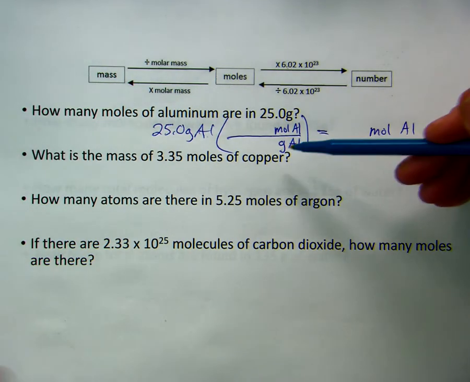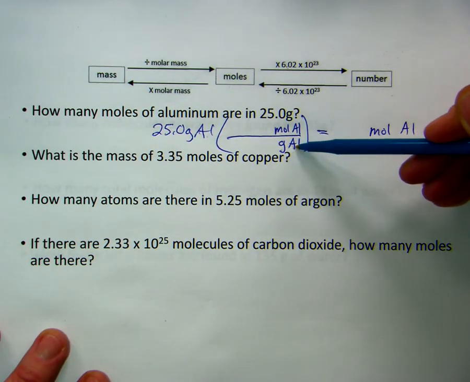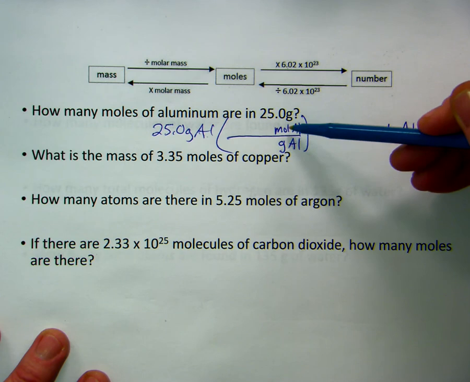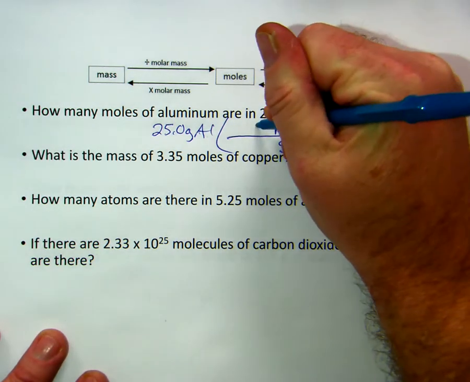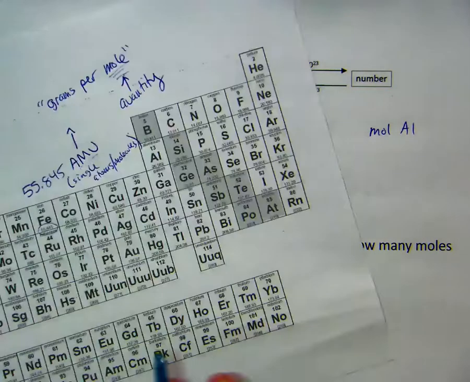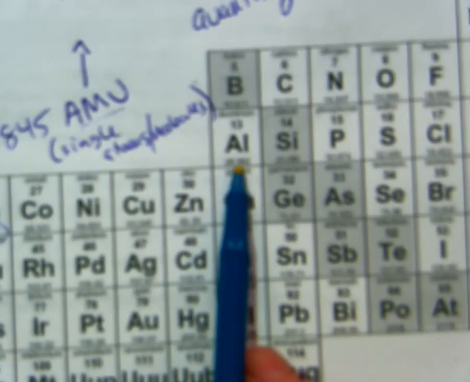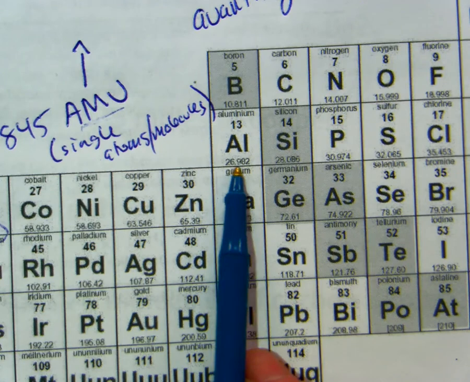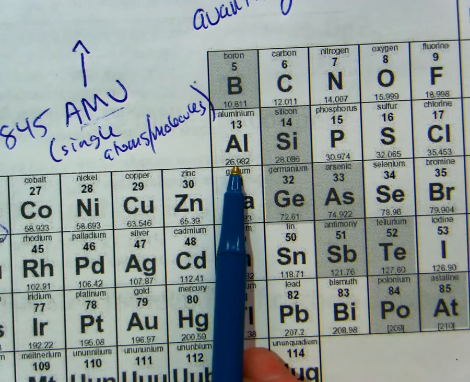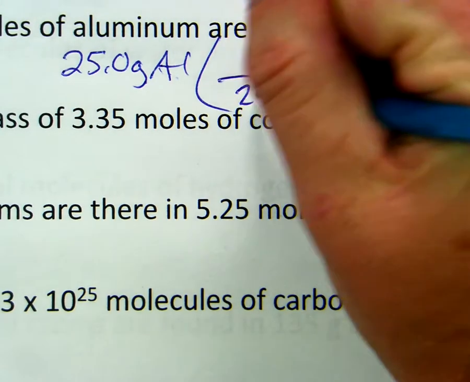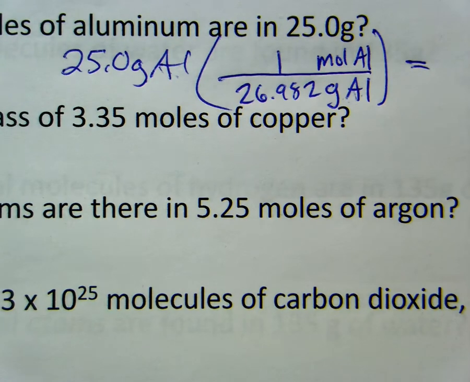So I need the relationship between grams of an element and how many moles there are. I know that I'll have 1 mole of aluminum when I have this many grams of aluminum. And that's what the periodic table is good for. When you have 1 mole of aluminum, you'd have 26.982 grams of aluminum.